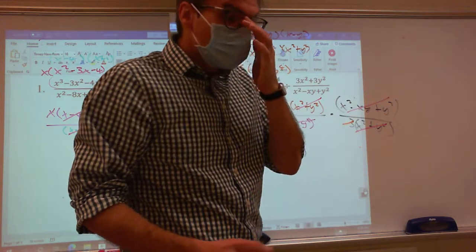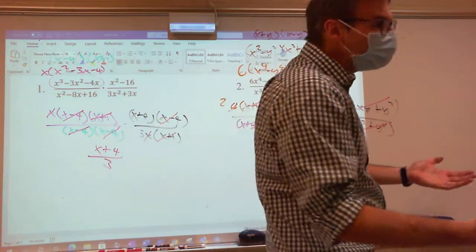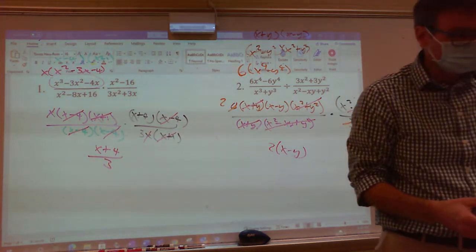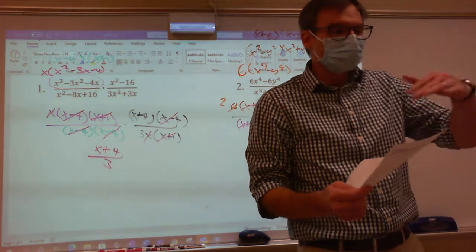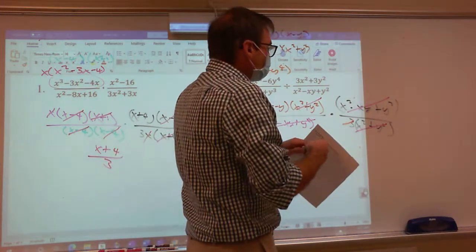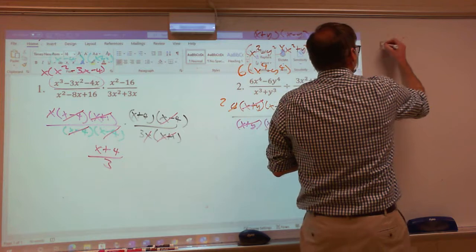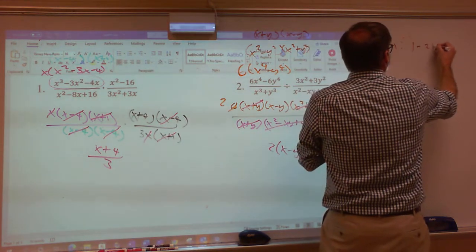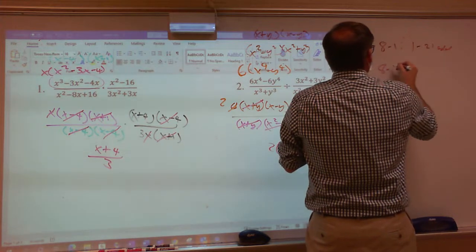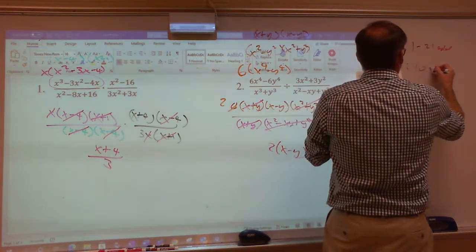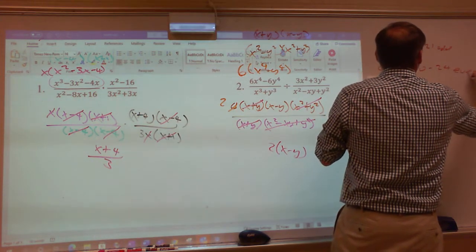All right, so what you have, in OneNote, I sent out, you've got 8.1 and 8.2 practice. The instructions are, for 8.1, I had you do 1 through 21 odd, and for 8.2, I had you do 10 through 24 even.